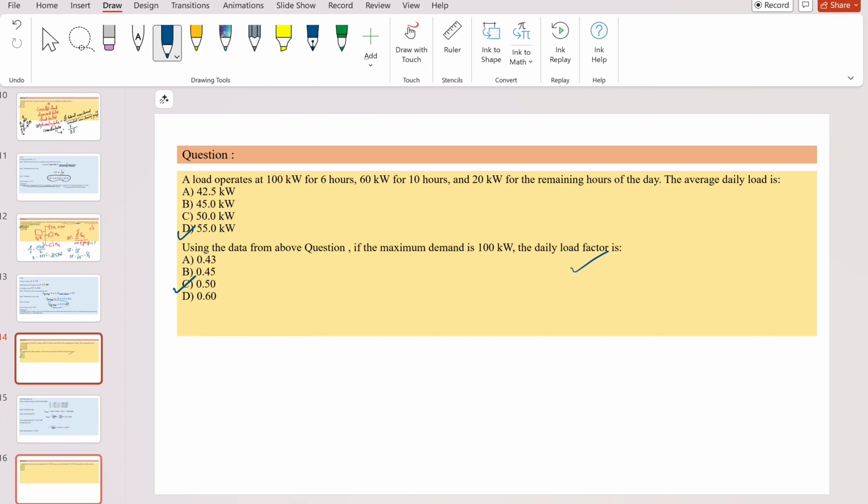Maybe it will be correct, but try to verify again. Okay, Kanchan has also given the same answer. Try to verify that, you should be very clear on that. It will be correct only. I'm giving 30 more seconds. Others also please try, and after that I will give the solution.